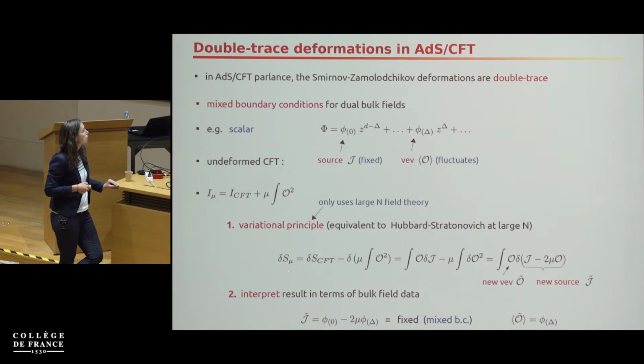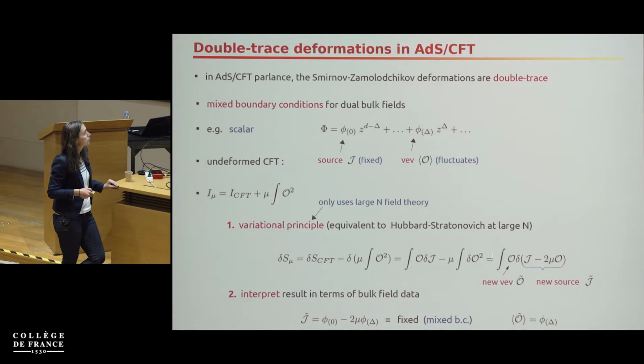So, the variation of the deformed action is the variation of the original action minus the variation of this term, and the variation of the original action is VEV times delta source.